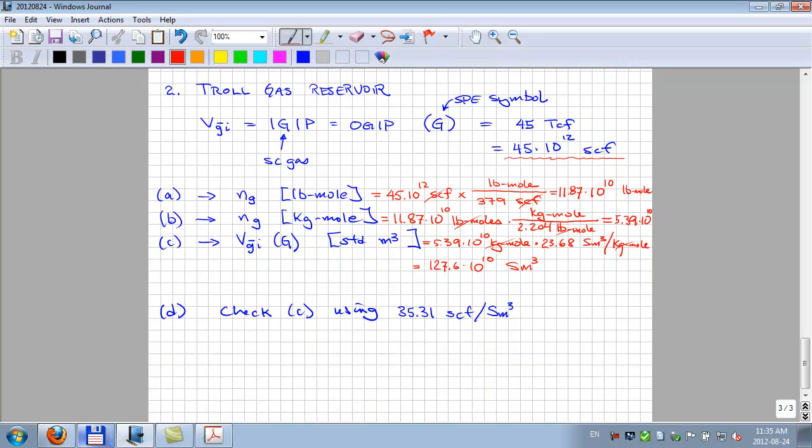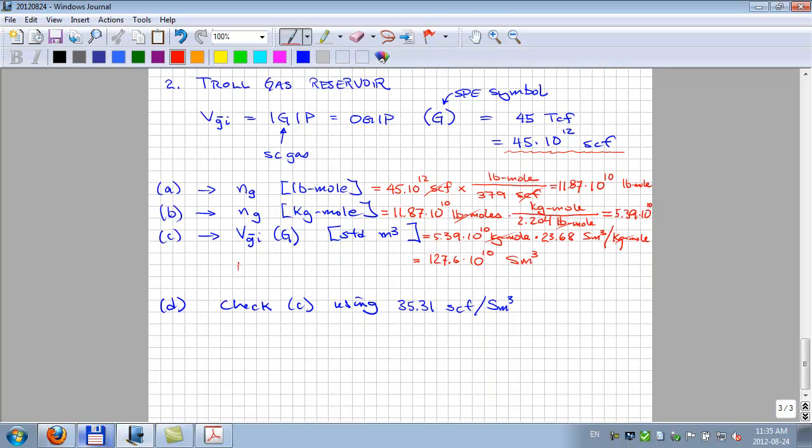Okay. And the Norwegian newspapers will also, in the section per standard cubic meter, give a price for this. So we want to check this value by using the 35.31 directly from here.